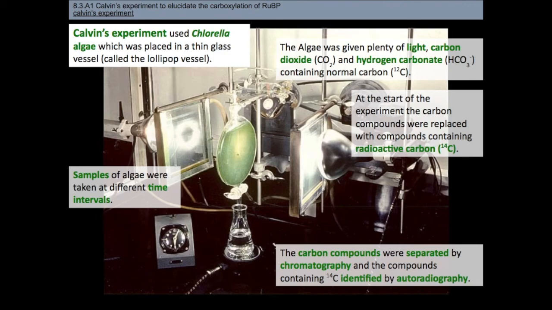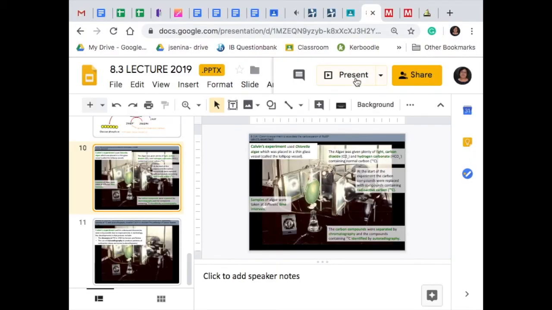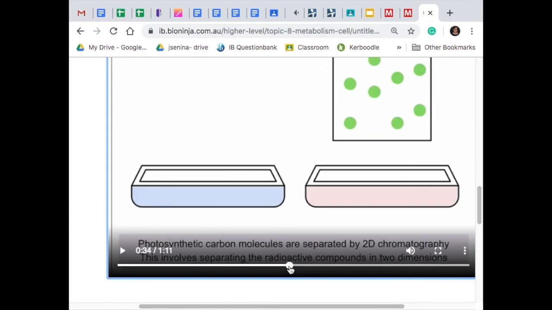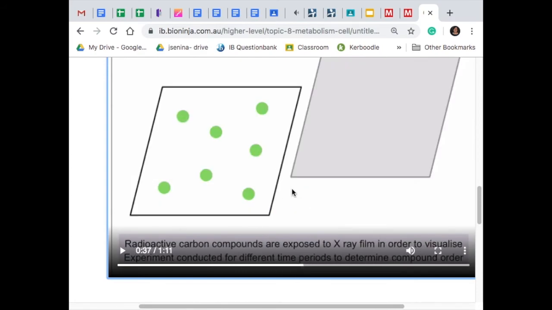If there's higher radiation, it's probably RuBP because that's a 5-carbon molecule. There's more carbon-14 there to emit radiation. Also, autoradiography is taking pictures of those spots in the paper, in the chromatograph. How do they know if it's G3P or triose phosphate? Autoradiography. This is a simplified diagram.